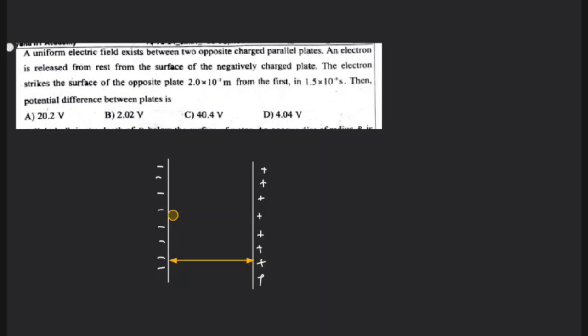This electric field will apply a force on it. Between the plates there exists a voltage difference, and because of the voltage difference there is an electric field, and V is equal to E into D, right?